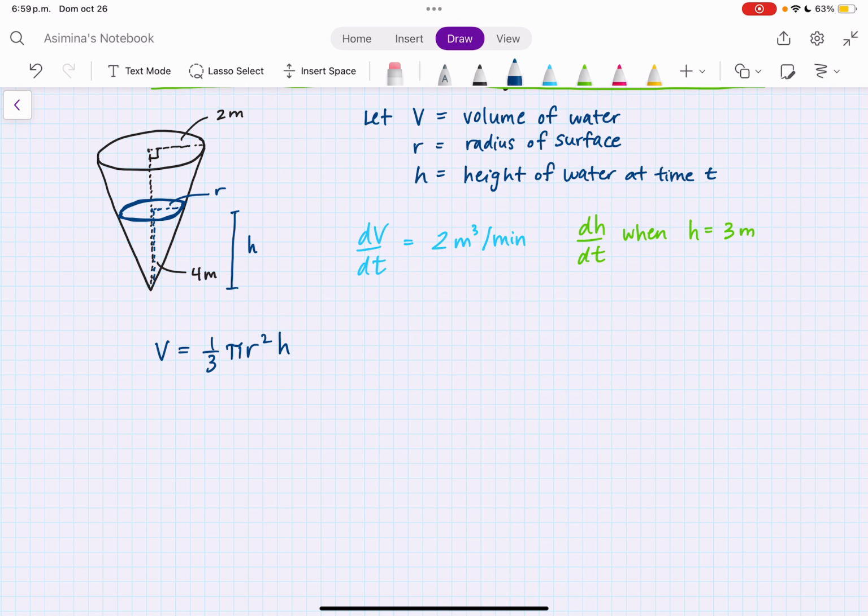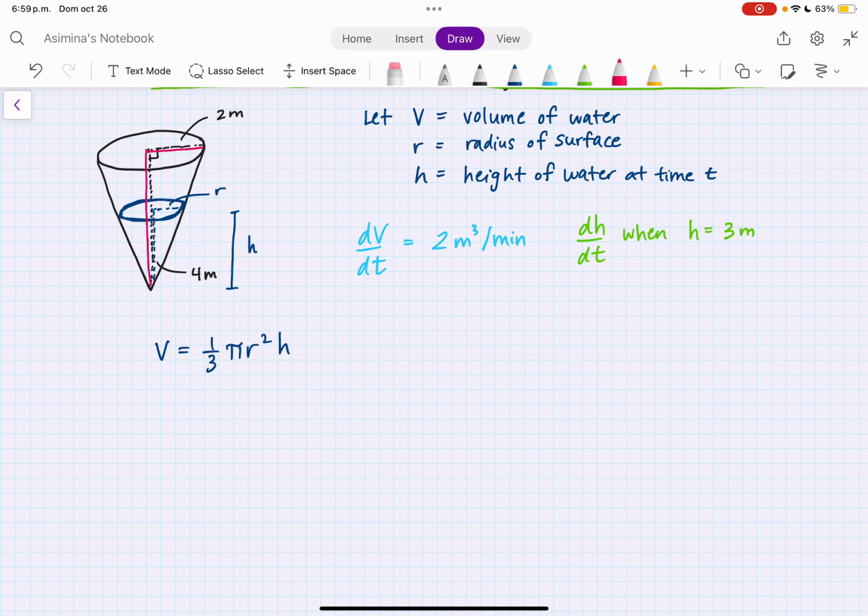So how can we eliminate the variable r? And perhaps eliminate is a bad term to use. What I mean is, how can we express r in terms of h? So now we're going to use some basic geometry. We see here in this cone, the height of the cone is 4, and the radius at the top is 2.